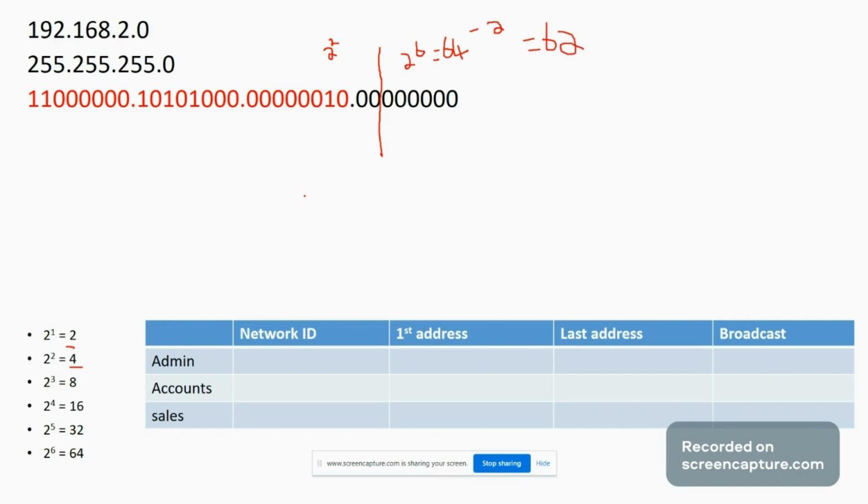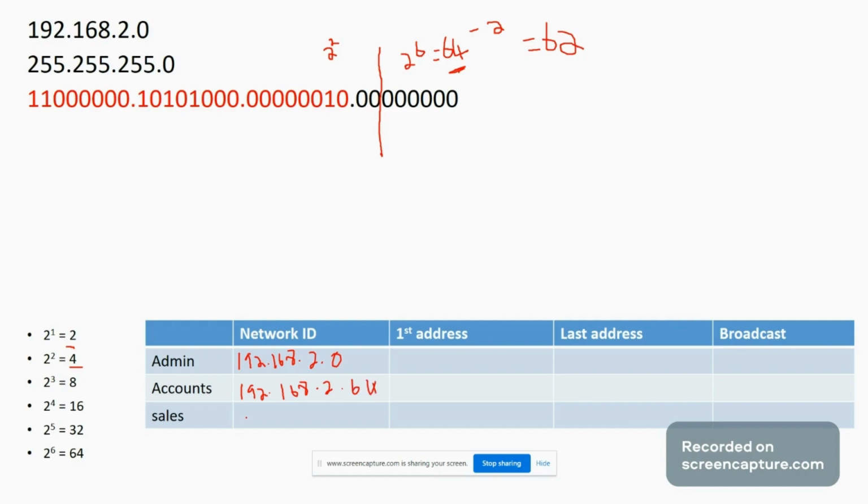So now we need to fill in this table with all the details. We always start from 0 in regards to our network. So the first network will be 192.168.2.0. The next network, which goes up in block sizes of 64, that's where we got the 64 from, will be 192.168.2.64.